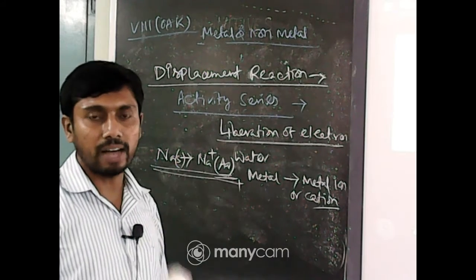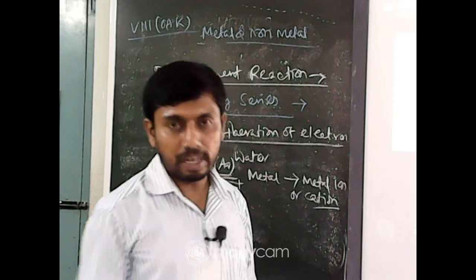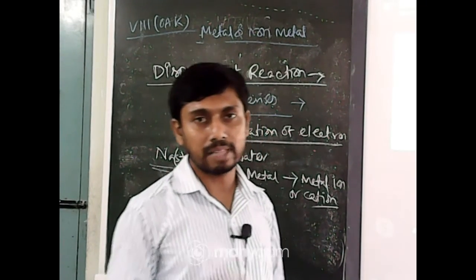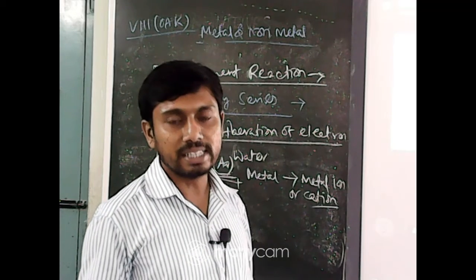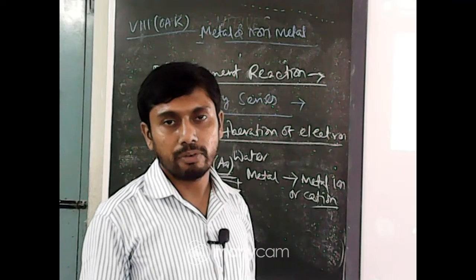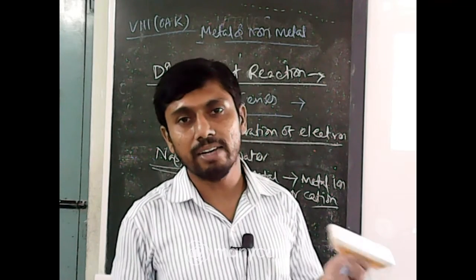As the value of the electron liberation energy, also called the ionization potential, is higher, the metal will be in the less reactive series, and when it is very low, it will be in the highly reactive series.